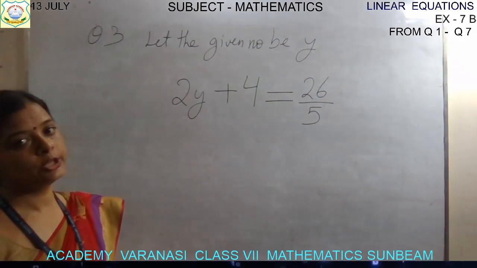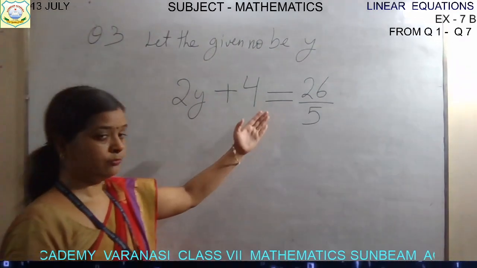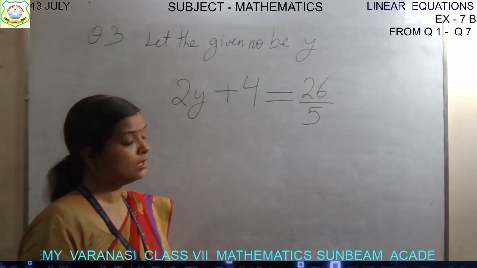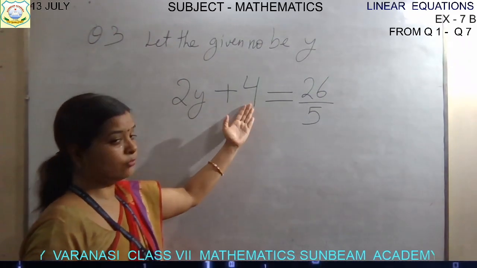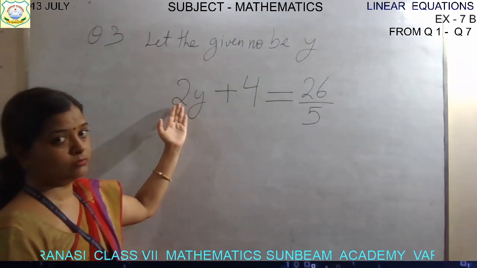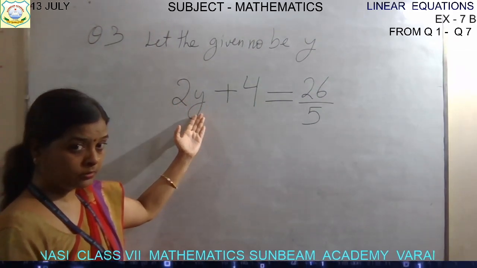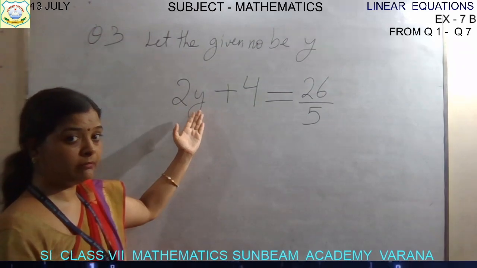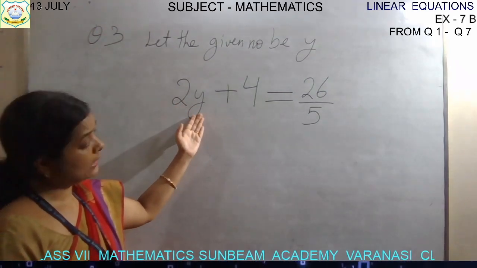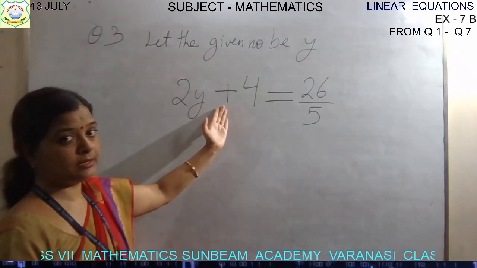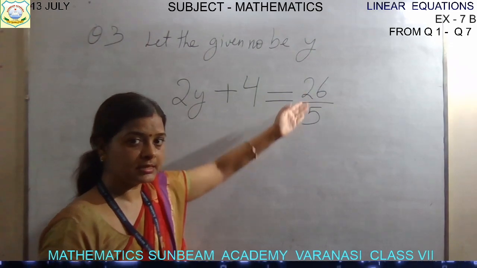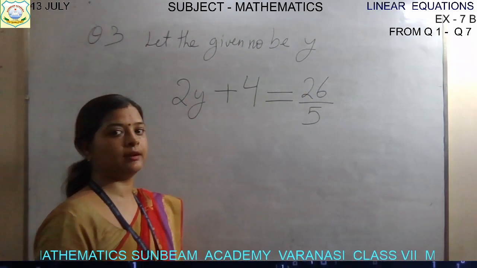This is the equation which we have formed from that word problem. When you add 4 to twice a given number, and that number is not known right now, let it be y. Its twice will be 2y, and when 4 is added to it, it will give 26 by 5. I think it is clear now.